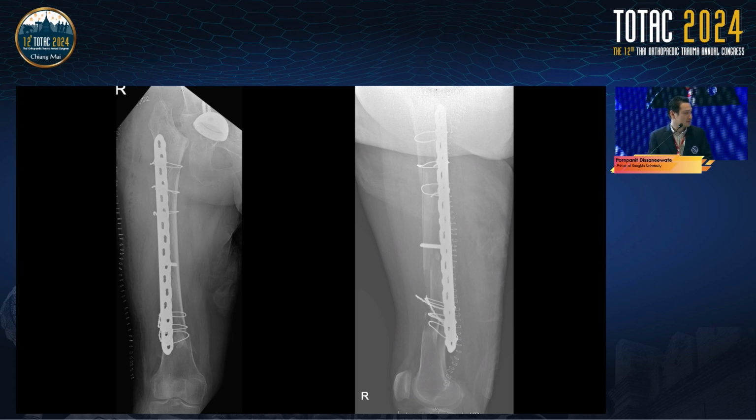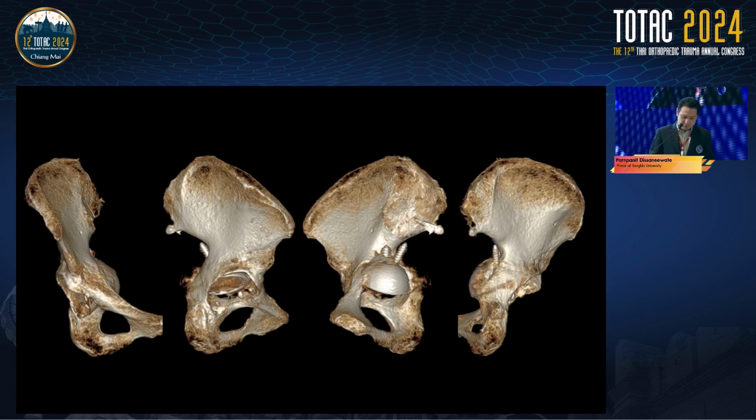When I first saw the patient, there was a fracture somewhere here and comminution around here. There are also cracks along the middle segment, like a comminuted fracture in the middle of the shaft.